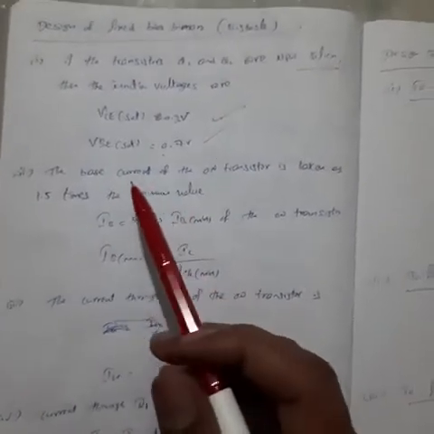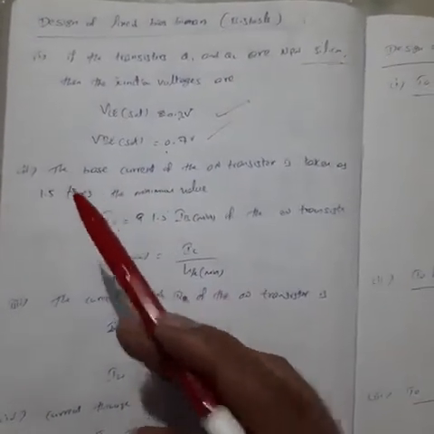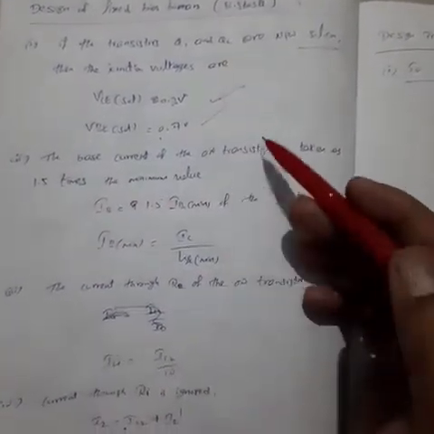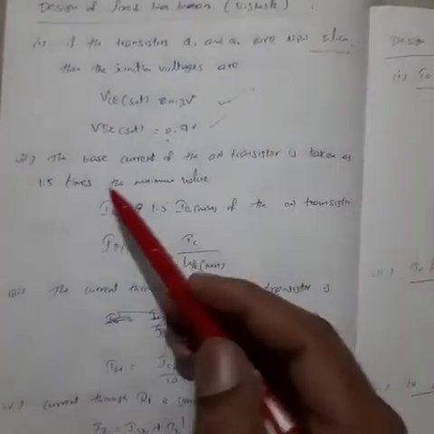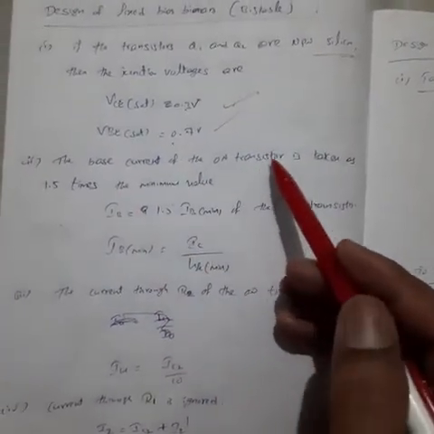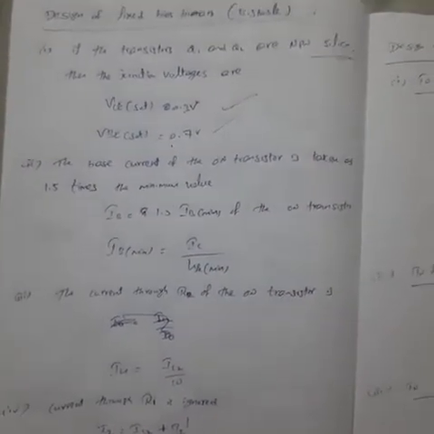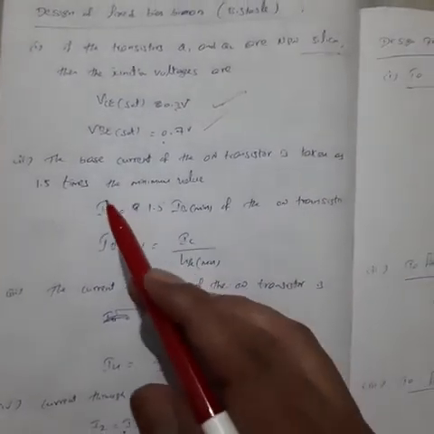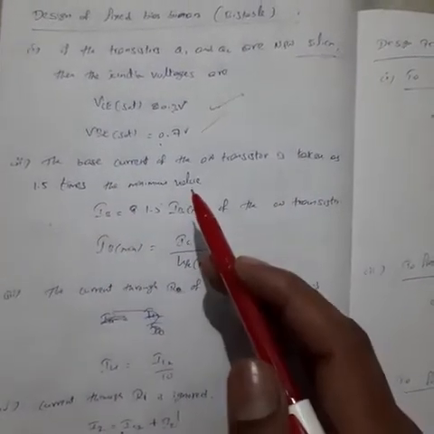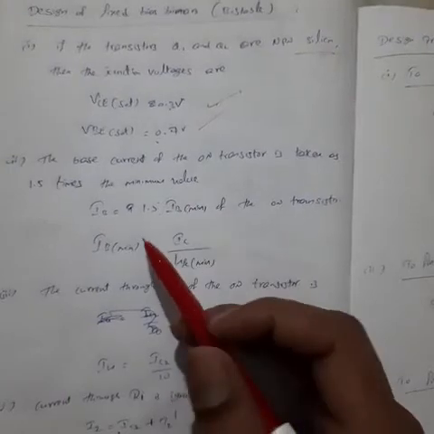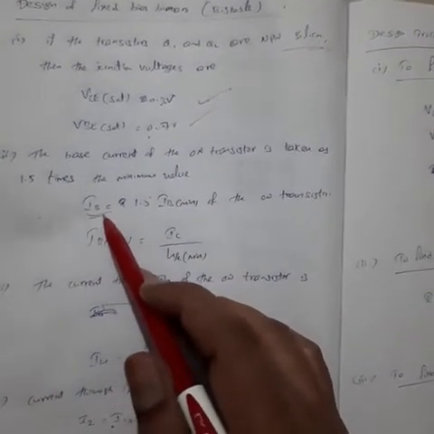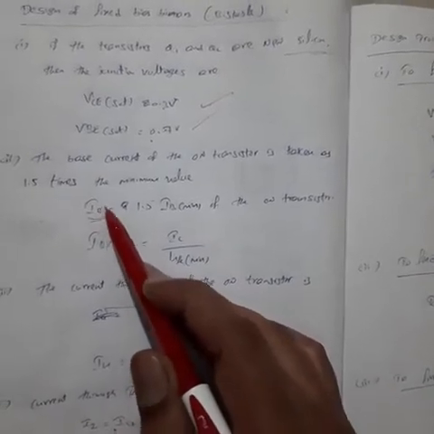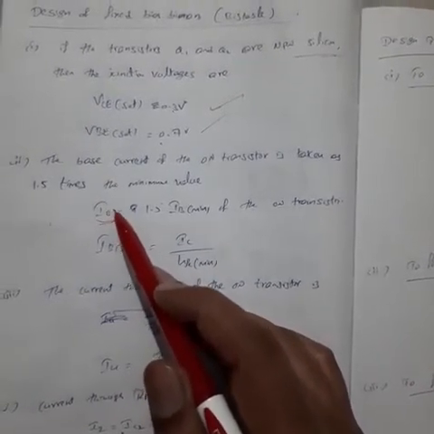Second designing step. These are all assumptions. To design any circuit, we have to make these assumptions. Next, the base current of the on transistor is taken as 1.5 times the minimum value. For the on transistor, if it is Q1, then we write IB1; if it is Q2, then IB2.